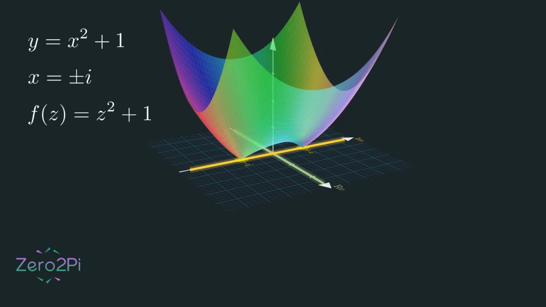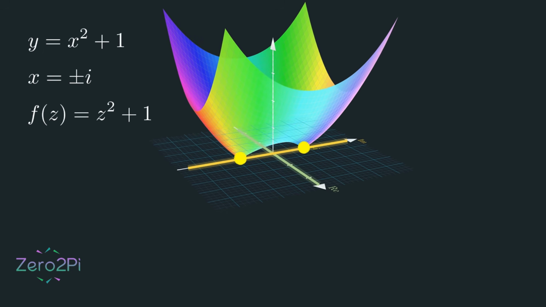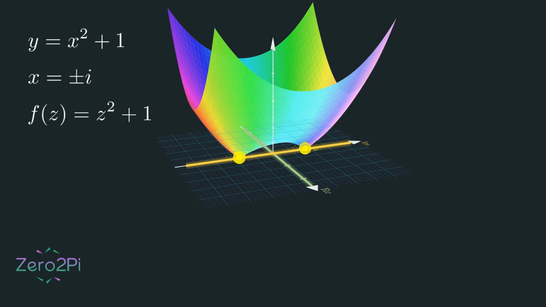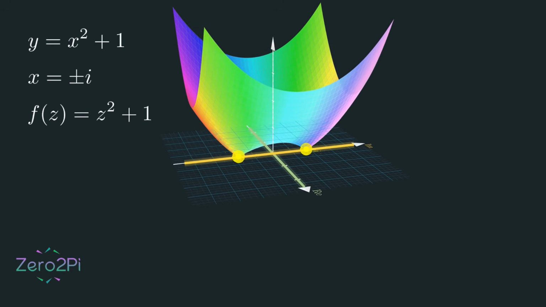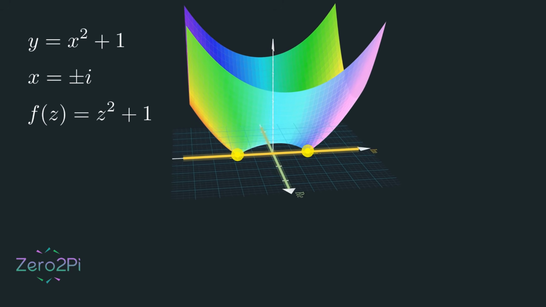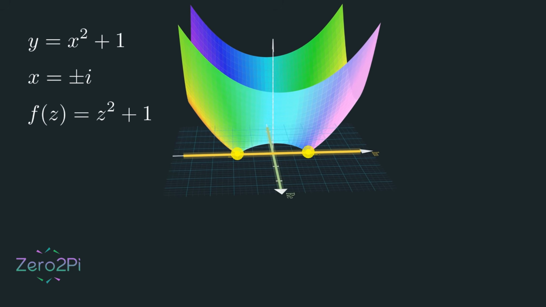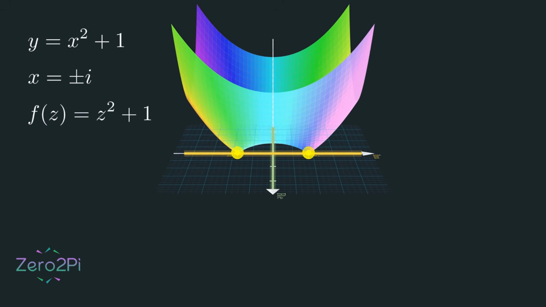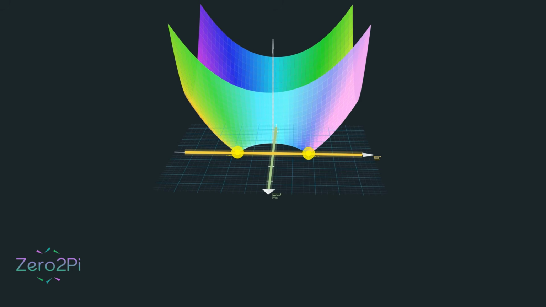The complex plane becomes the base, and above it rises a surface showing how the function behaves. And on this surface, we still see 2 special points, i and negative i. These are exactly the points where the function equals 0. So even though the equation has no solution in real numbers, it has 2 solutions in the complex plane. By expanding the space where numbers exist, mathematics reveals solutions that were hidden before.